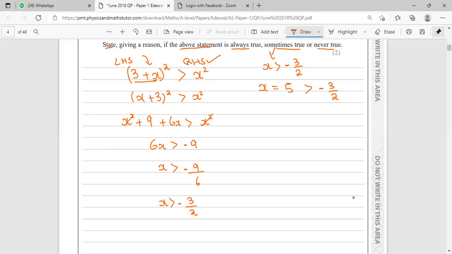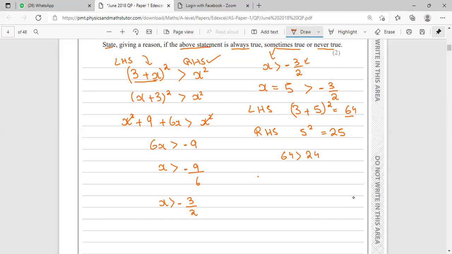Let's find the left hand side first. So we have 3 plus 5 square. This would be 8 square, that is 64, and the right hand side would be x square, that is 5 square, that would be 25. So certainly left hand side is greater than right hand side because 64 is greater than 25. So yes, it is true for x greater than minus 3 by 2, right?